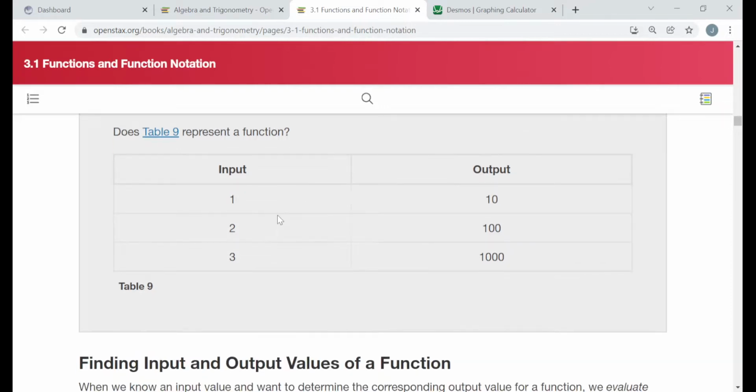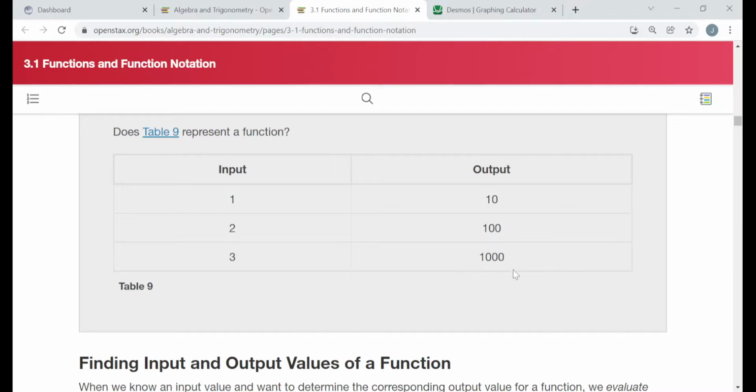So you can draw little arrows if you want, but the domain is the set 1, 2, 3. The range is the set 10, 100, 1,000. And clearly, every value in the domain pairs with exactly one value in the range. Every input pairs with exactly one output. 1 pairs with 10 and nothing else. 2 pairs with 100 and nothing else. 3 pairs with 1,000 and nothing else.